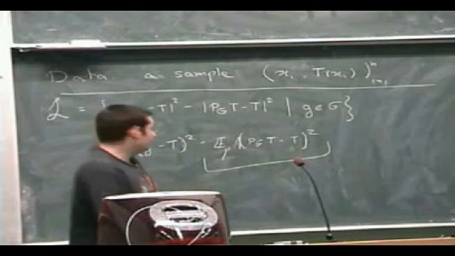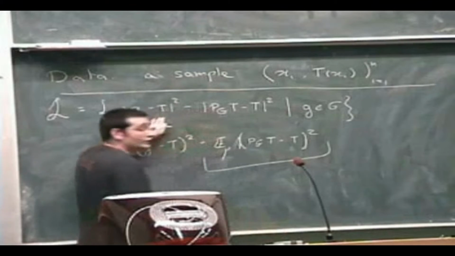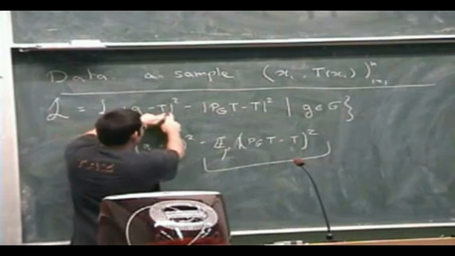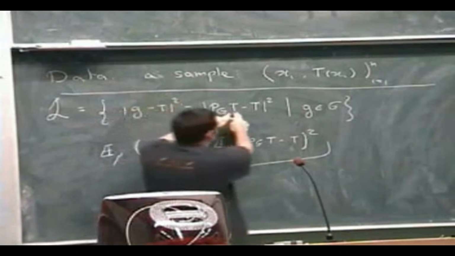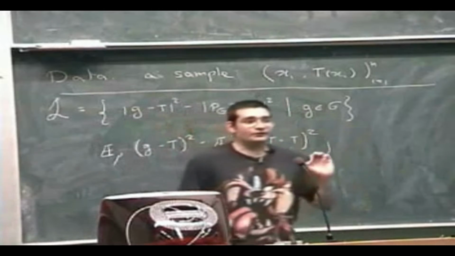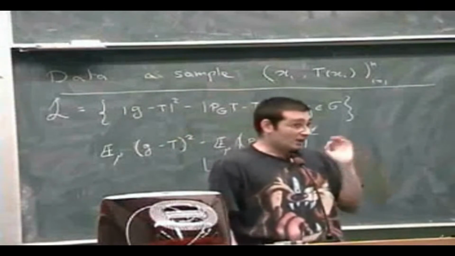Given (xi, T(xi)), i between 1 and n, let's call it L of Sn, where Sn is the sample.